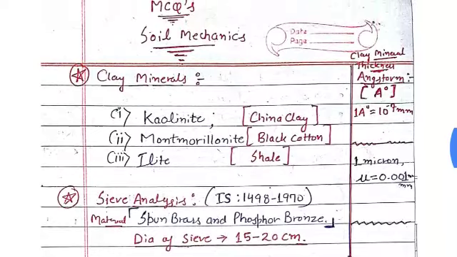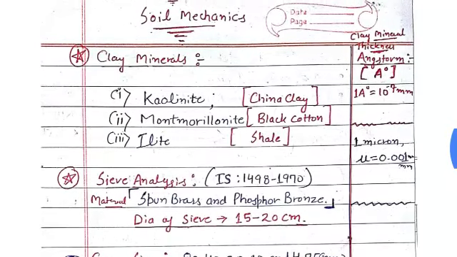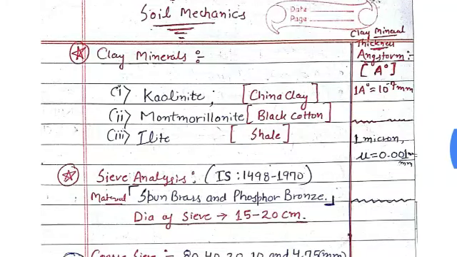And clay mineral thickness is measured in angstrom, that is 1 angstrom is equal to 10 raised to power minus 7 mm, and 1 micron is equal to 0.001 mm.